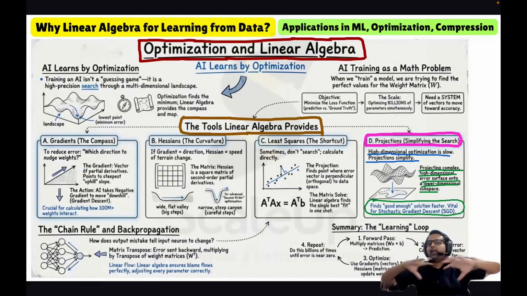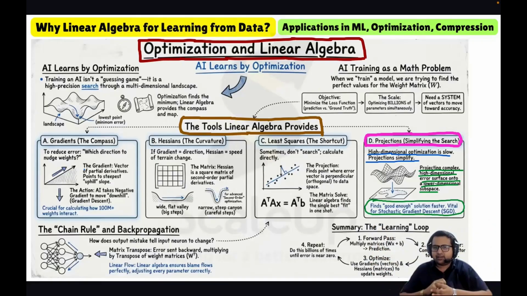So rather than exploring the entire data set, we are just exploring small batches of data. So the idea is very clear that using the concept of projections, we can simplify the search. If we project a complex high dimensional error surface onto a low dimensional subspace, we can perform the search much faster.